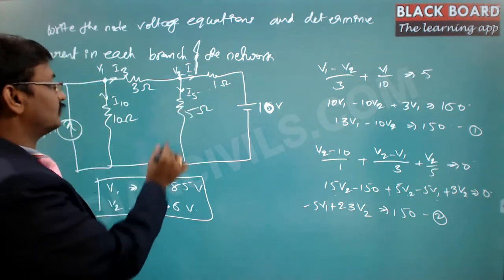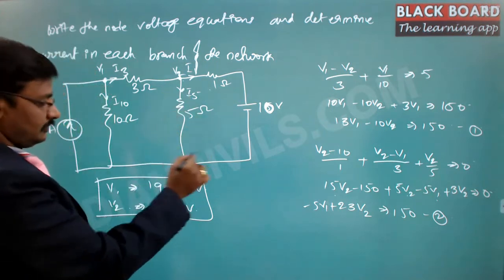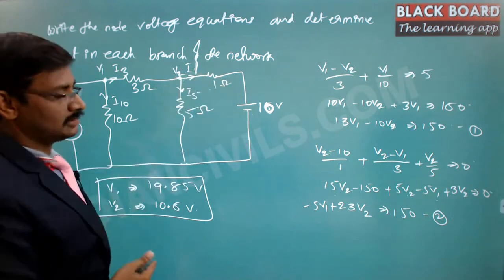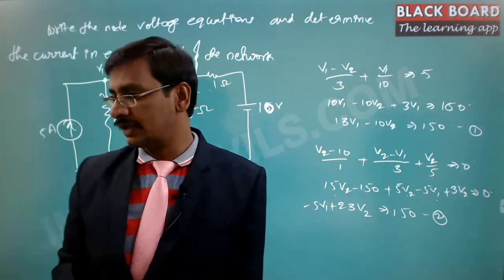So this I5 is V2 divided by 5, and V2 minus 10 divided by 1 is the current in this particular branch. Like this you can calculate all the values of the current.